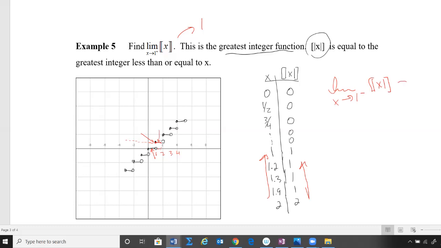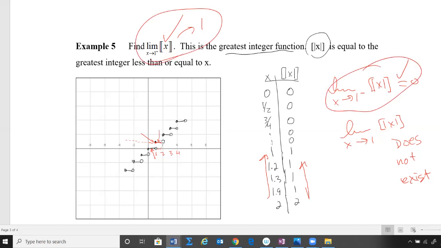So this would be a 0. And you can see how the two-sided limit would not exist, because the left side does not equal the right. When we calculated those two one-sided limits, they're not the same, therefore the two-sided limit does not exist.